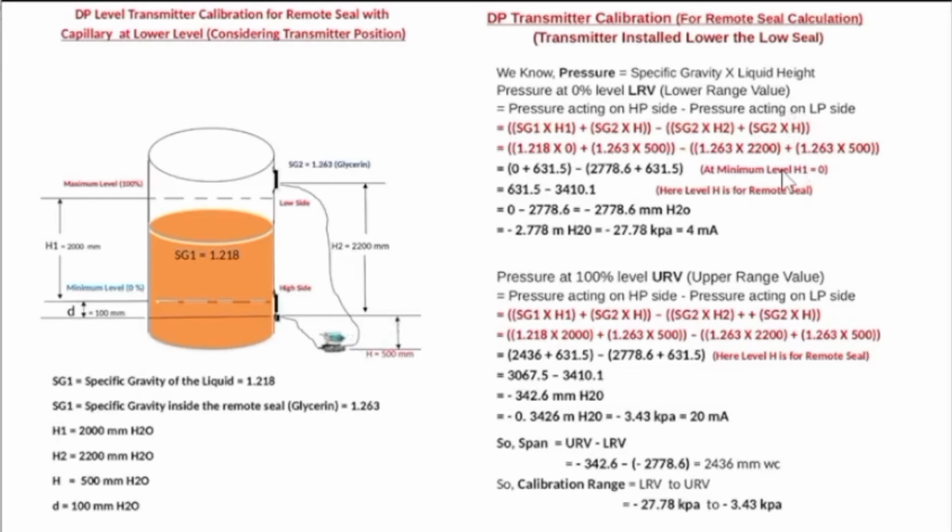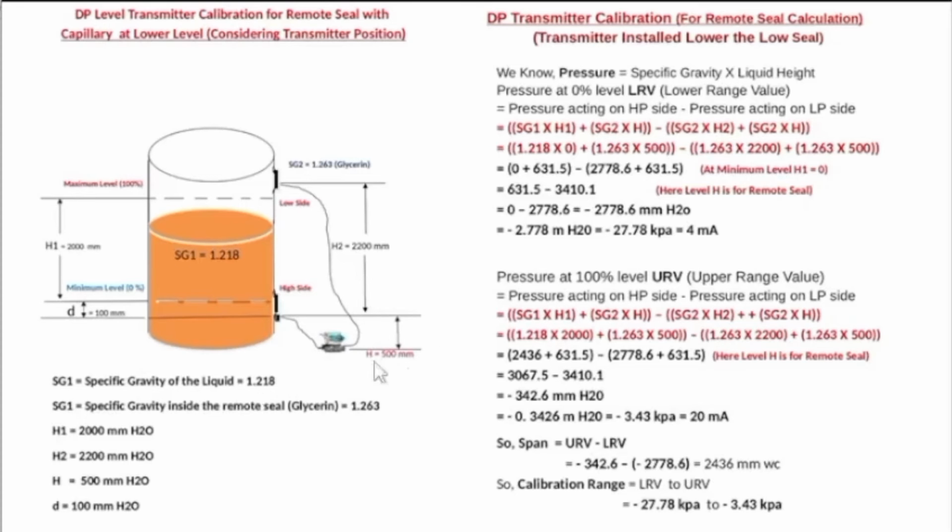That means 1.263 into 500, and here is a negative sign. For this calculation and this calculation, same, and it will be removed and we will get the same result, that means minus 27.78 kPa.